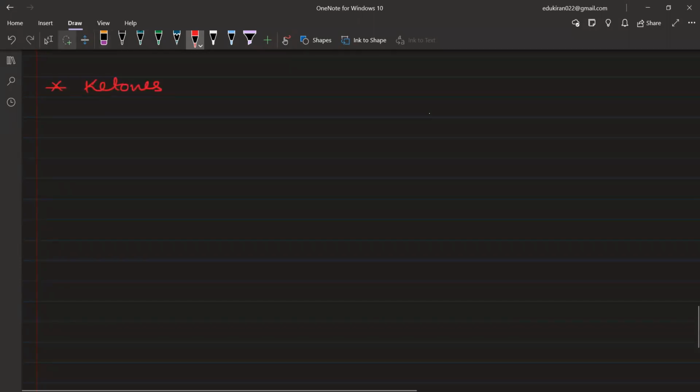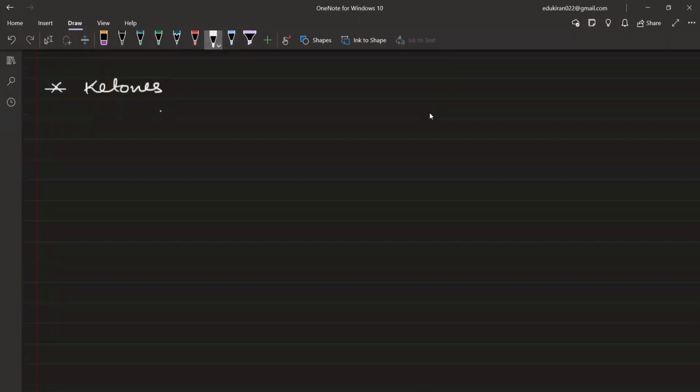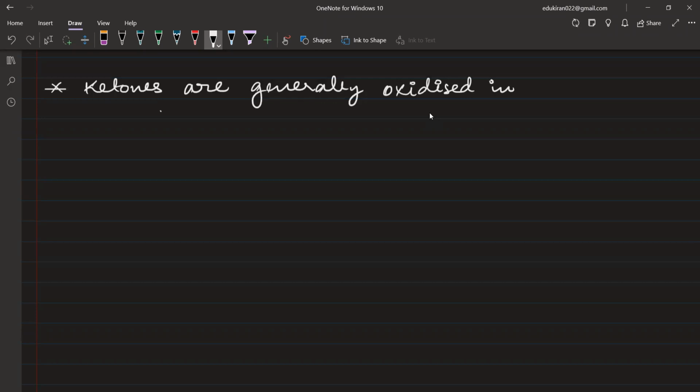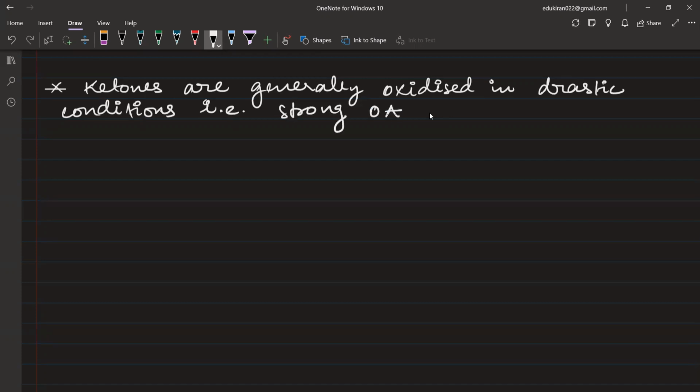Ketones are generally oxidized in drastic conditions. That is how they are oxidized in strong oxidizing agent and high temperature.